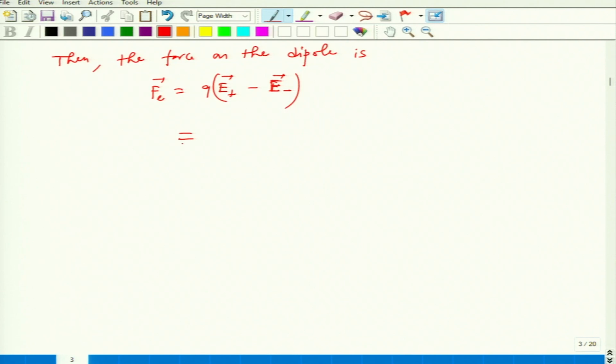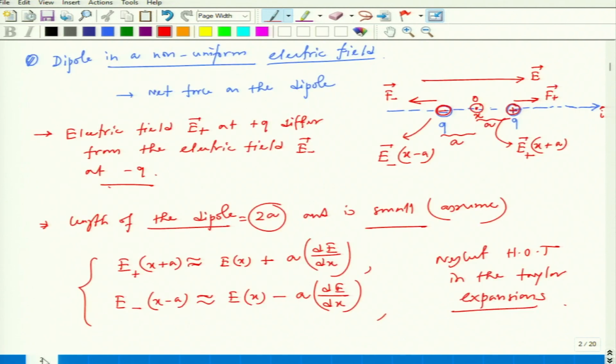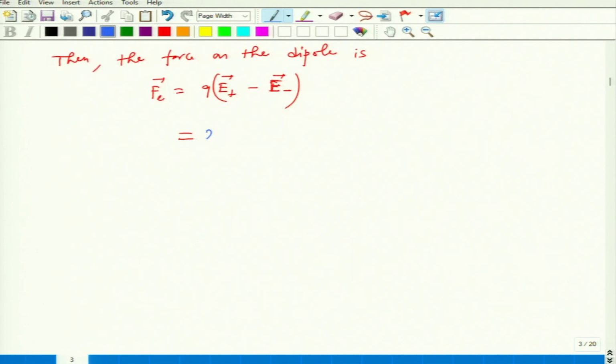Now we put in these two expressions, and we finally get 2qa d/dx times i cap. You consider the dipole placed on the x axis, so that's why the i cap.